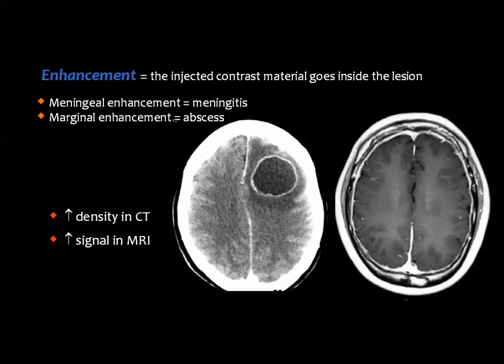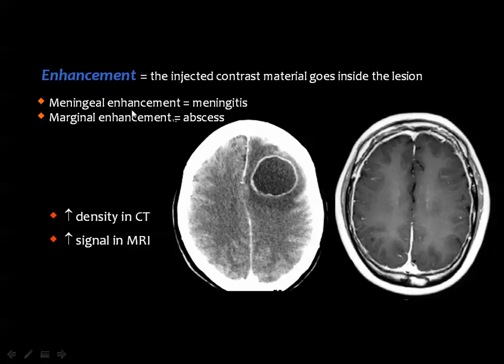First of all, we should know that whenever we are going to diagnose intracranial inflammation and infection by CT or MRI, we should inject contrast media. And contrast media is essential in the differential diagnosis of different issues of inflammation and infection. And we have two main broad findings.